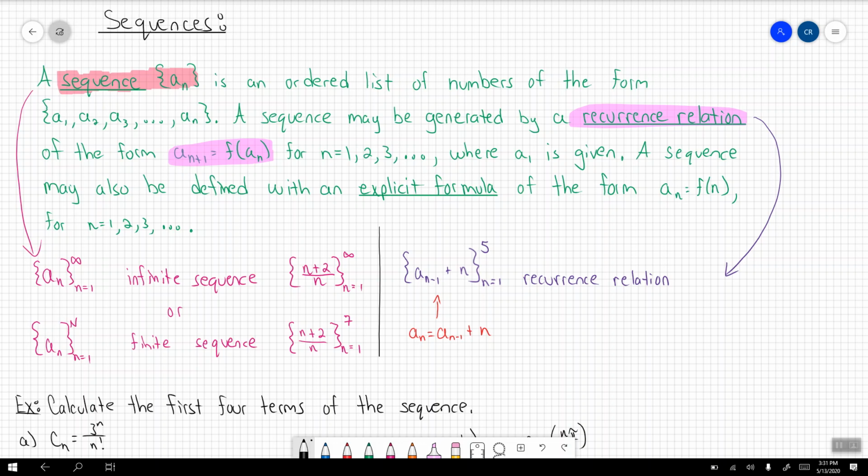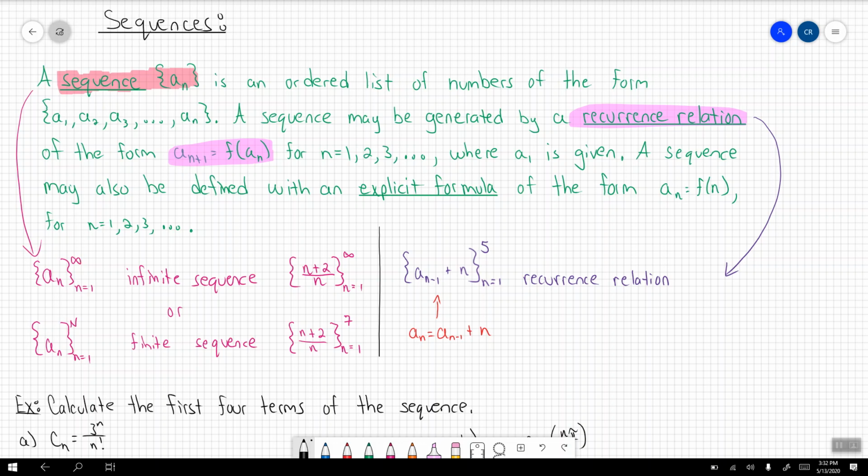I also have this arrow drawn here from that sequence, because we can have two types of sequences. One is an infinite sequence, where we're looking at the sequence given by some function. The integer value will begin at 1, and then the sequence will just trail off into infinity.